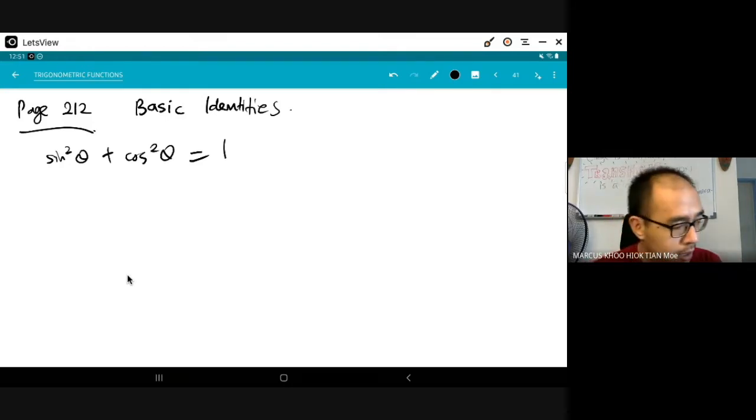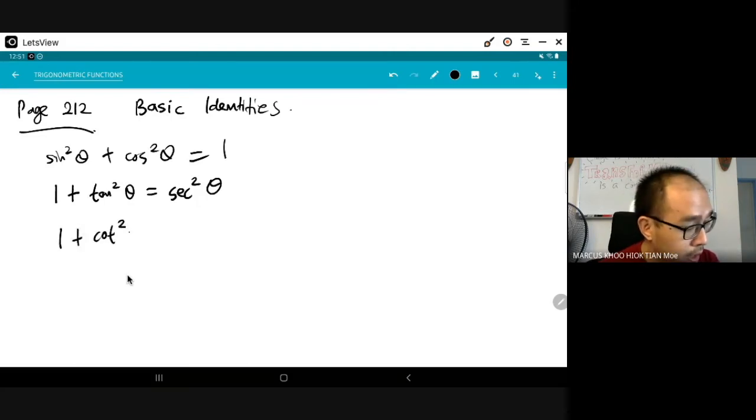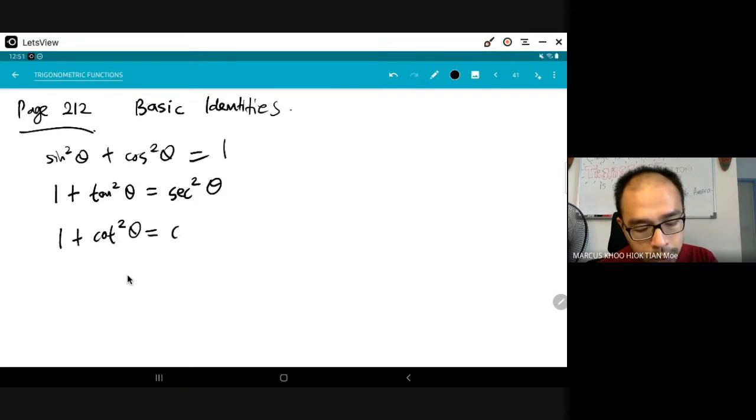The second identity is 1 plus tangent squared theta equals to secant squared theta. And the third identity is 1 plus cotangent squared theta equals to cosecant squared theta.